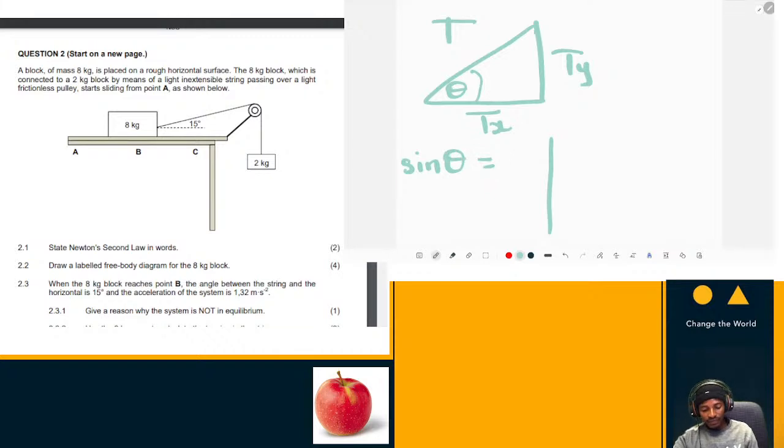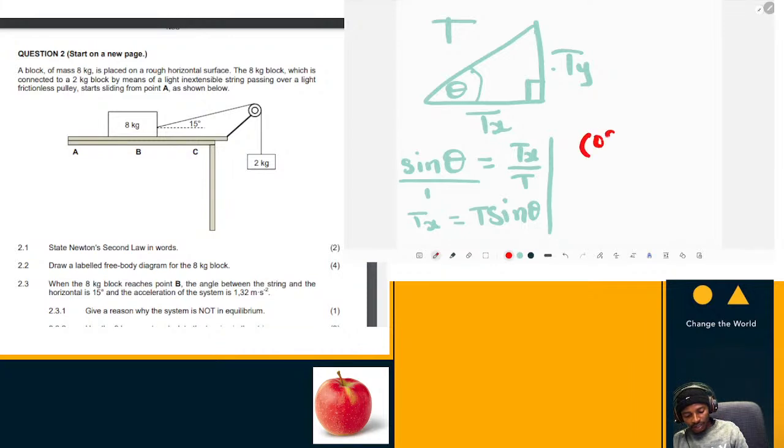Sine of theta will be the side which is opposite to theta, therefore this side. It's going to be Tx over the tension. Therefore, if we cross multiply, we get Tx is equal to T sine theta. Then if we play around with cos theta, cos of theta will be the side which is adjacent to theta.